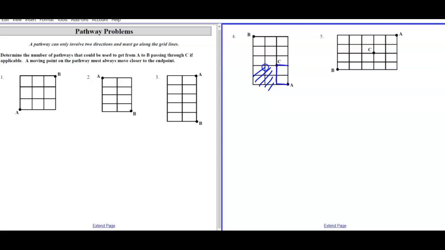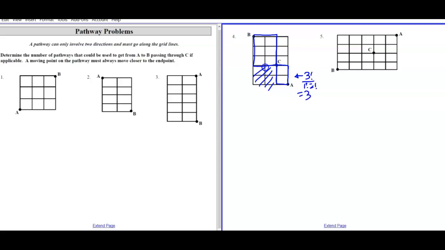So you have to figure out how many ways to get from A to C, and then how many ways to get from C to B. From A to C, you can count this up if you want to, but the long way is 3 factorial over 1 factorial times 2 factorial, which is just 3 ways.